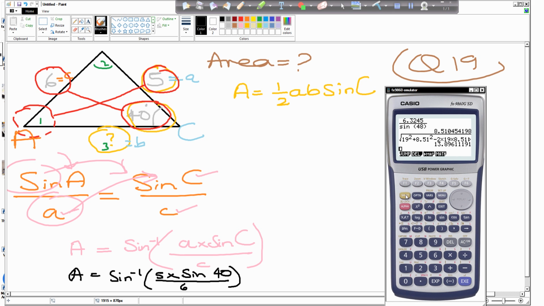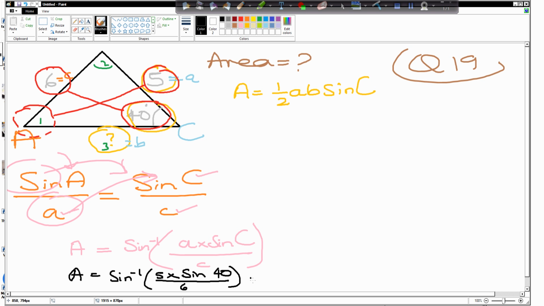So, shift, sine minus 1, brackets, fraction, 5 multiplied by sine of 40, over 6, replay, close bracket, equals.